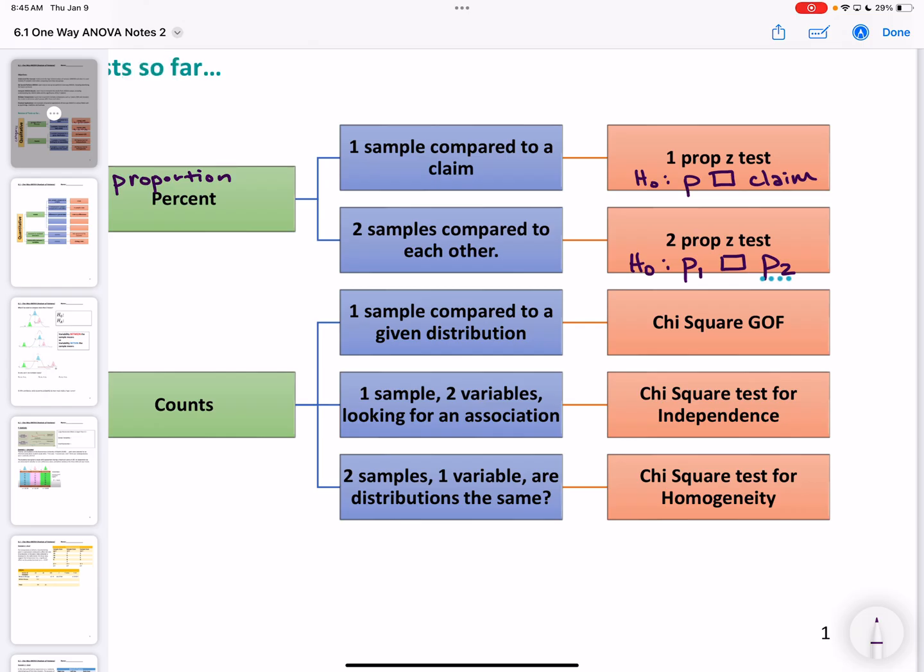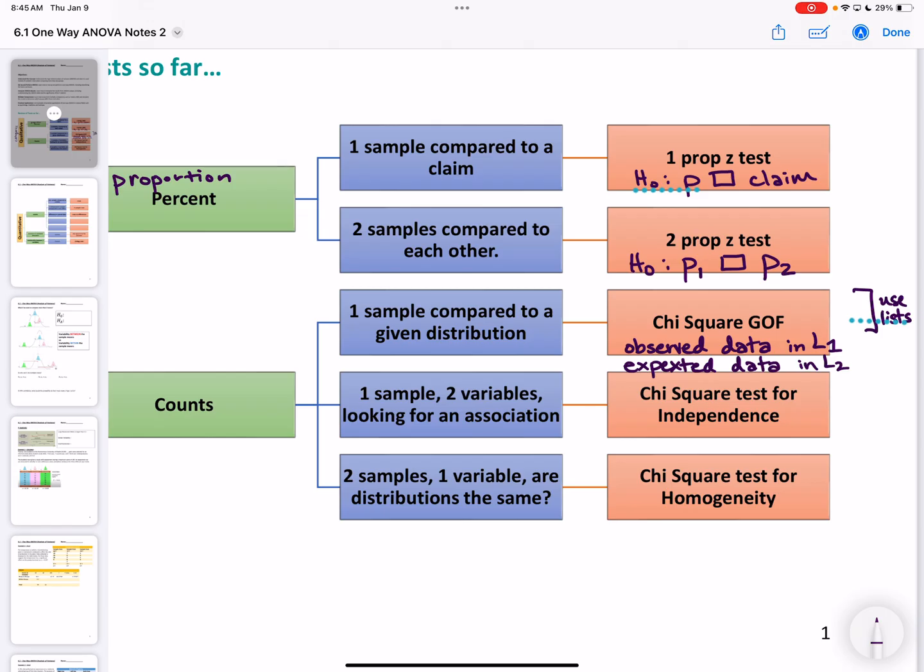The main thing I want to remind you for that one is that your observed data goes in list 1, and your expected counts go in list 2. So this one, we use the lists. You're comparing your sample to a given distribution, all right?